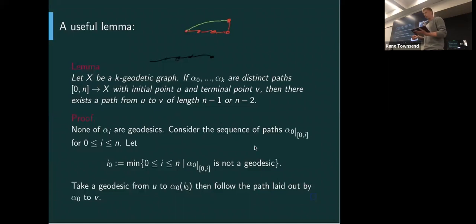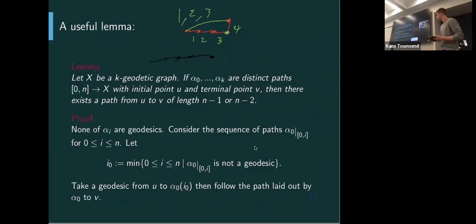And if this has length 1, 2, 3, 4, then this has to have length less than 4, so it's either 3 or 1, and if it's 1, then we get a contradiction, because up to this point it would be geodesic. So it has to be 1 or 2 less.